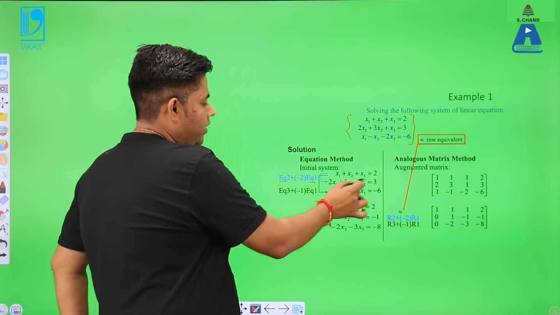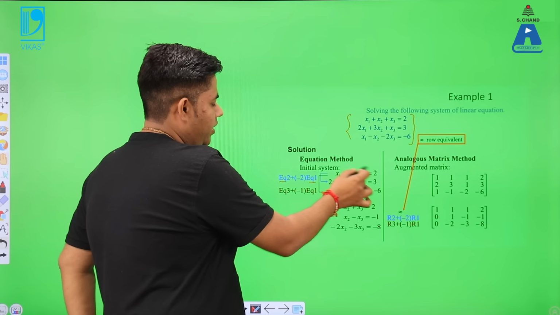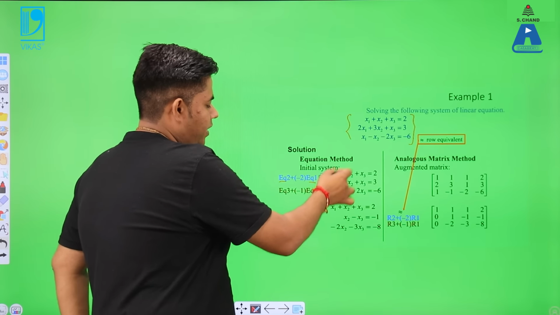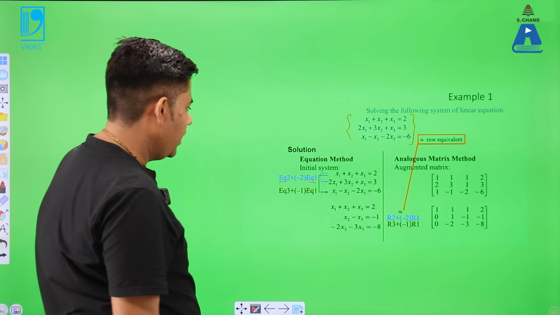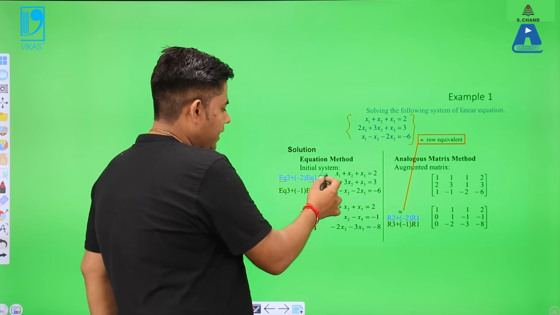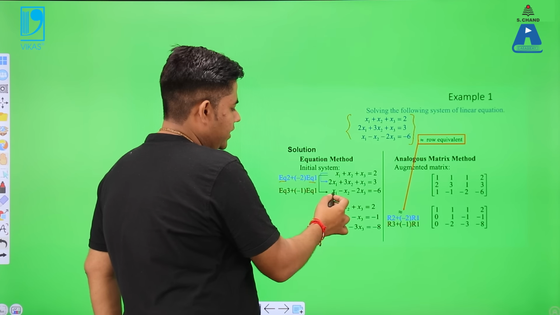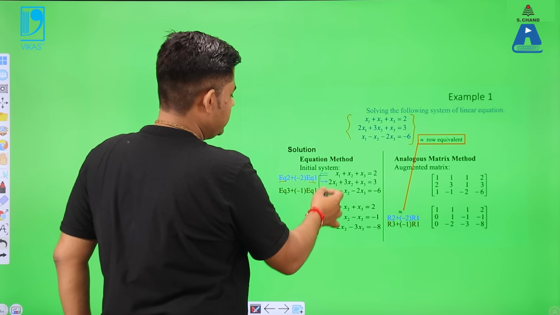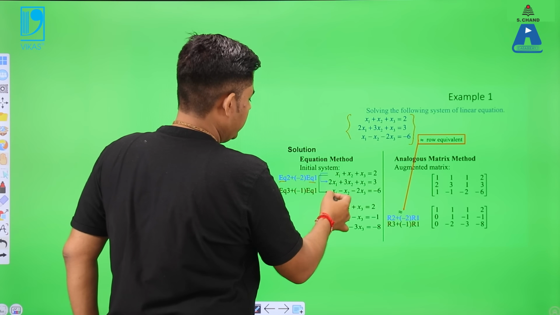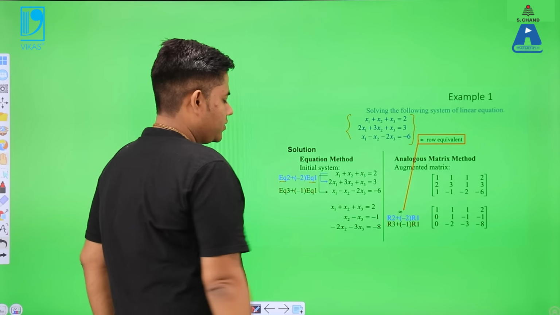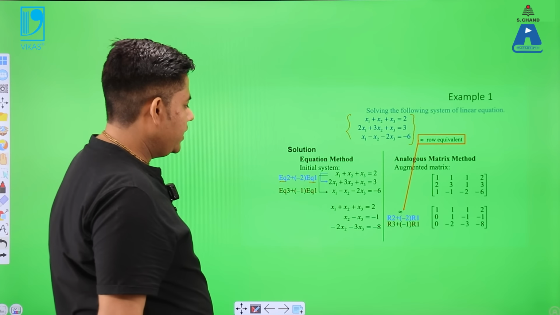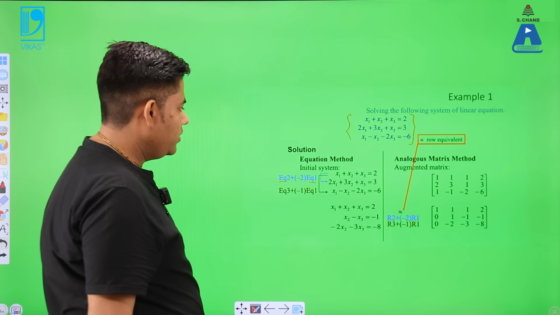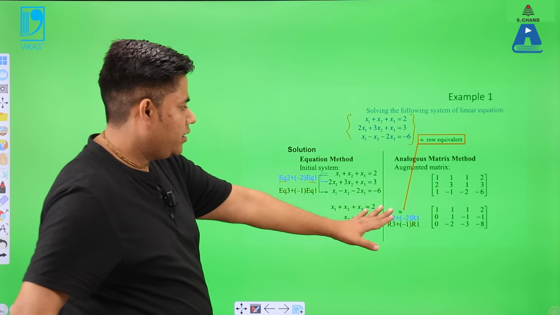I have multiplied the first equation by minus 2 and added it to the second equation so that the first term is eliminated. Similarly, for the next set, I have x1 plus x2 plus x3 and x1 minus x2 minus 2x3. I can easily subtract both and these terms cancel out. So I get this set of equations that are left.